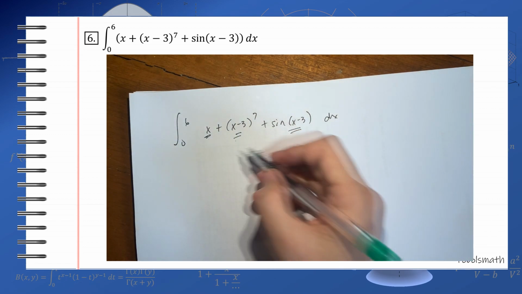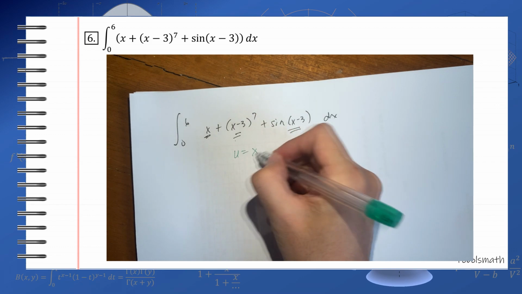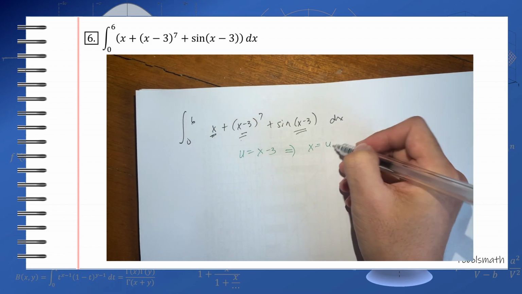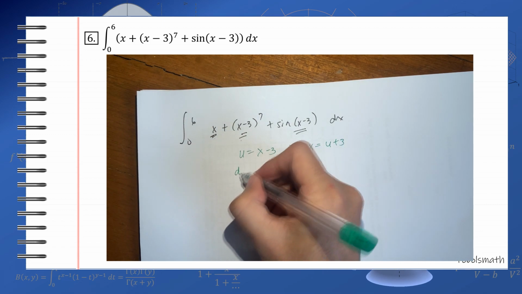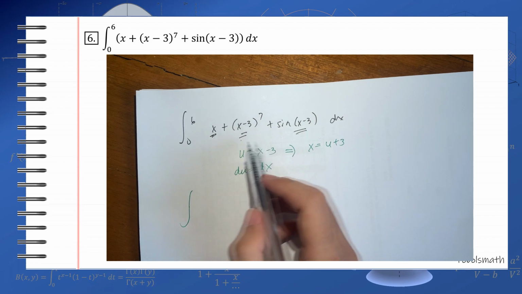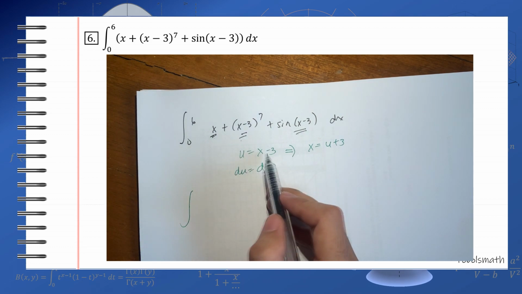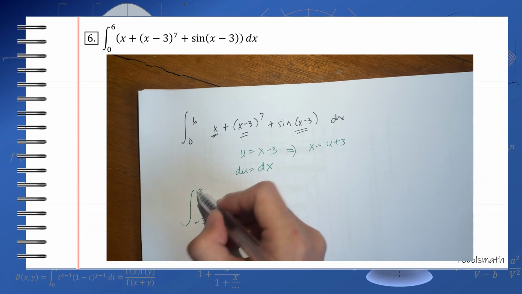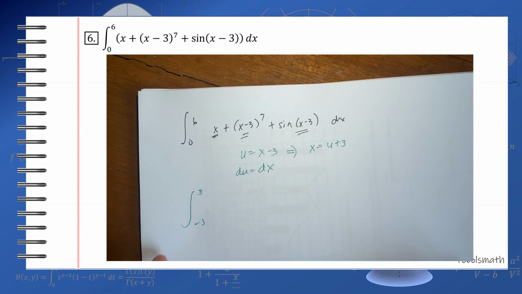Let's use a substitution u is equal to x minus 3, so that x is equal to u plus 3 and du is equal to dx. At x equals 0, you'll get u is equal to negative 3, and then at x equals 6, you'll get positive 3. That's why this is pretty.